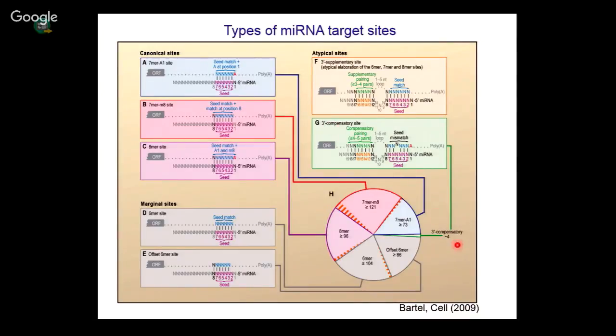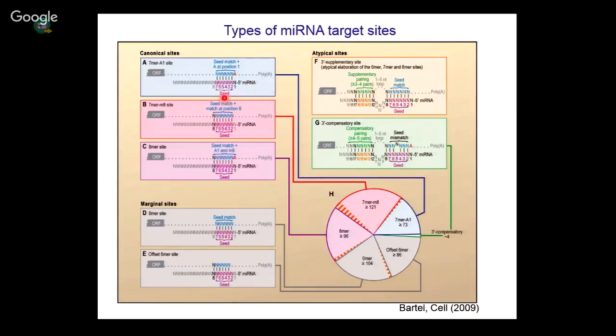David Bartel's lab provided algorithms to predict microRNA targets. They published this and generated a powerful tool called TargetScan, which is available from their website. From their predictions and experiments, they clarified that microRNA target sites are canonical sites, including the seed region at positions 2 to 7 from the 5' end of the microRNA.